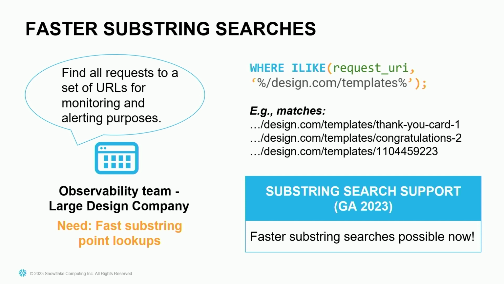This is how their query would look in Snowflake. The request URI is the column, and this is the template or the substring that they want to match on. All of these thank you cards, congratulation cards, etc. would match for this query. So these kinds of queries are now faster in Snowflake with the support for substring searches.